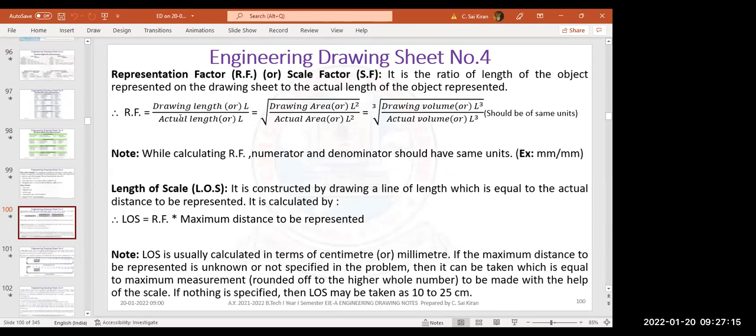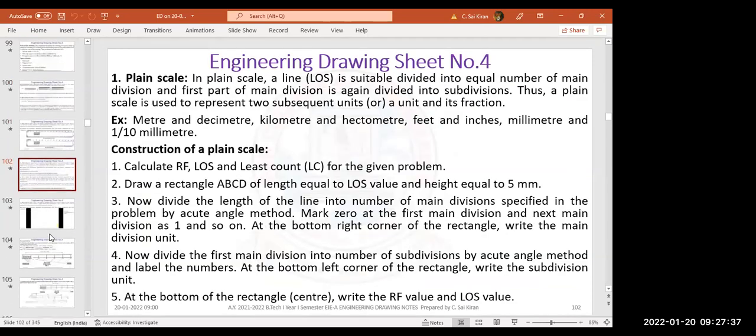Suppose the actual length of the object is around 10 meters, but in the drawing you assume that 1 meter equals 1 mm. Then for an actual length of 10 meters, you draw only 10 mm, because you are assuming this RF.